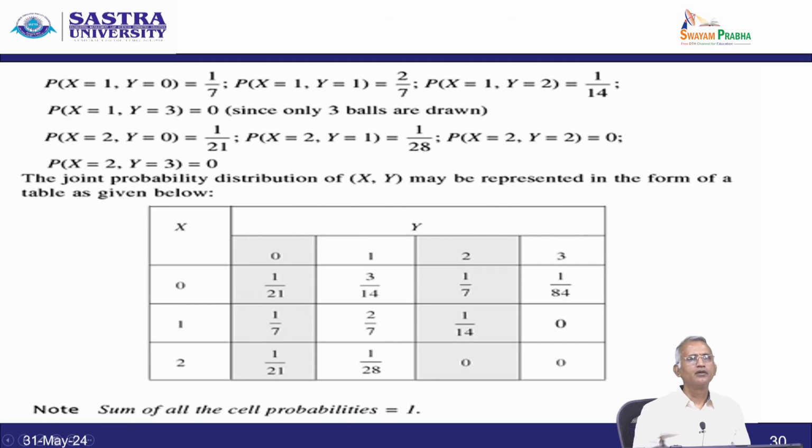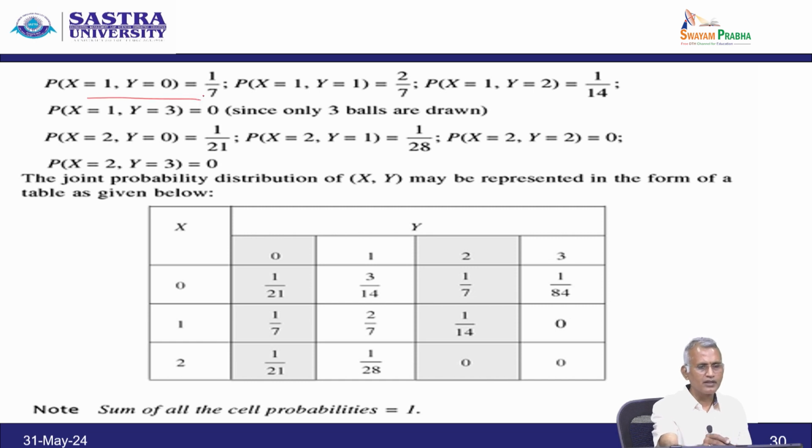Now, we have all the possibilities for x and y: x equal to 1, y equal to 0; x equal to 1, y equal to 1; x equal to 1, y equal to 2; x equal to 1, y equal to 3. So, we calculated all possibilities of x and y.